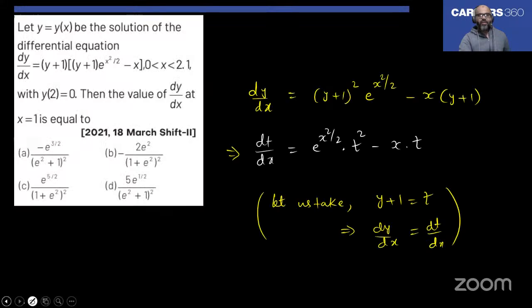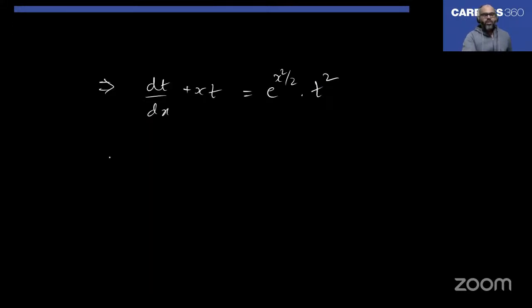We write it like this. Now this is Bernoulli's differential equation that is reducible to linear differential equation. We divide by t square. So 1 by t square dt by dx plus x by t is equal to e to the power x square by 2.